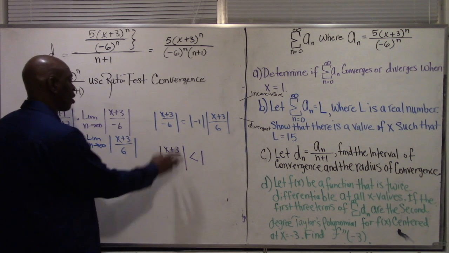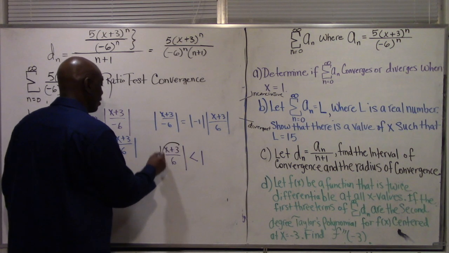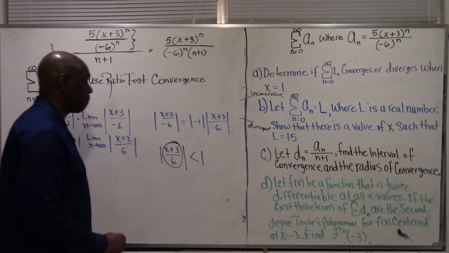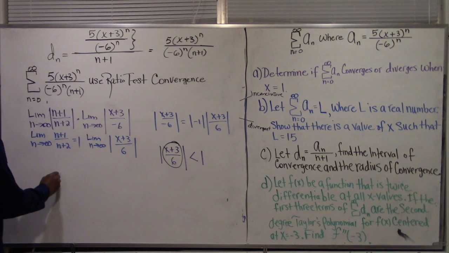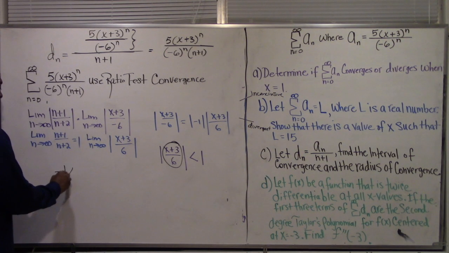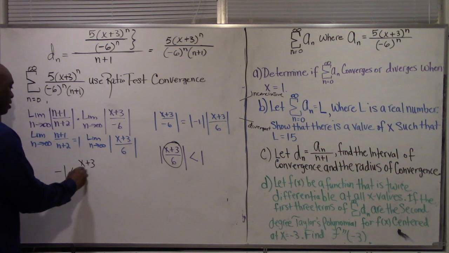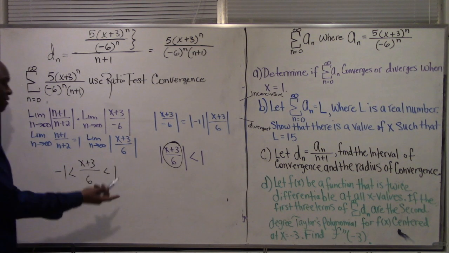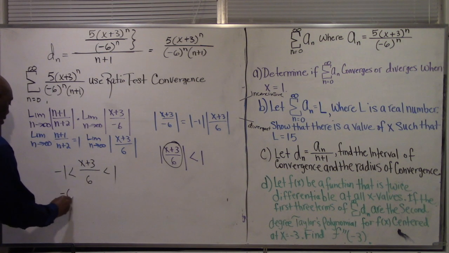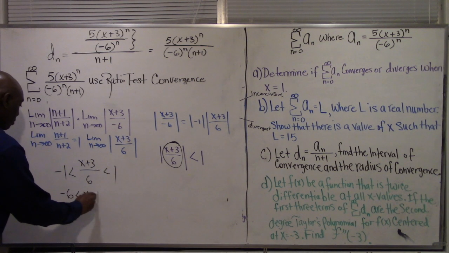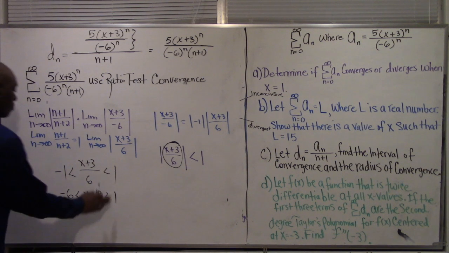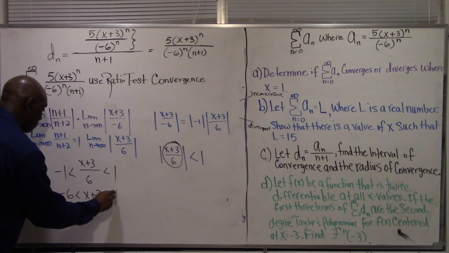So we know that this argument, (x+3) divided by 6, is sandwiched between negative 1 and 1. So negative 1 is less than (x+3)/6, which is less than 1. Multiply everything by 6: negative 6 is less than x+3, which is less than 6.